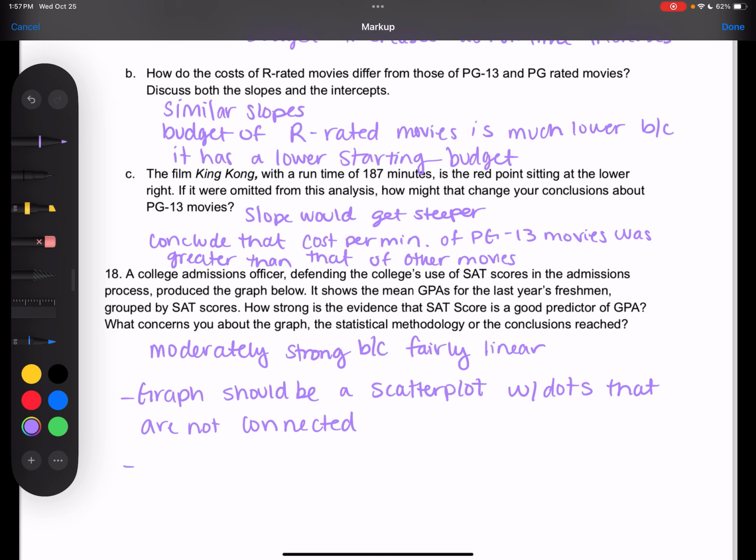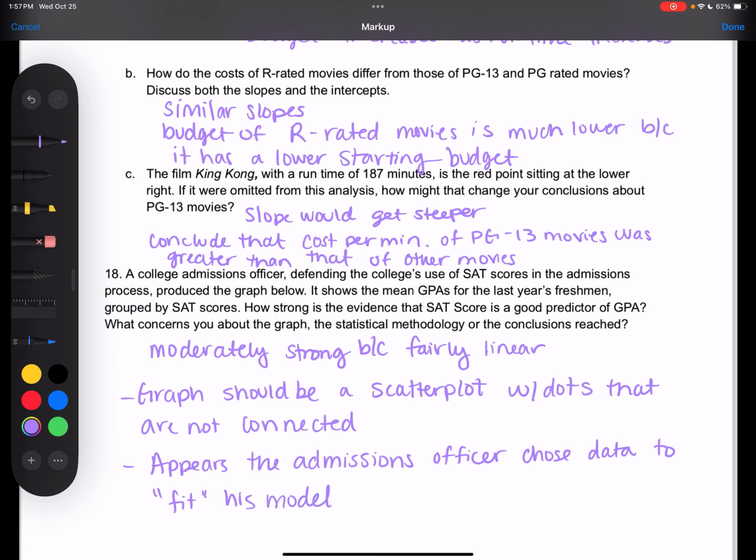And then I would say something like, it appears the admissions officer chose data to quote unquote fit his model. Okay, so he was trying to prove that SAT score is a good predictor.